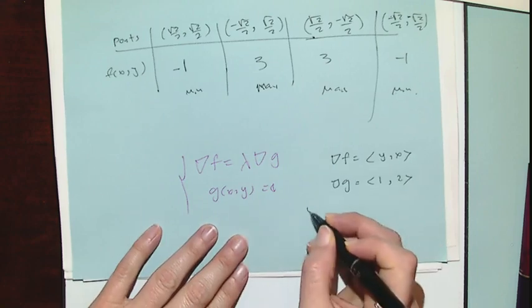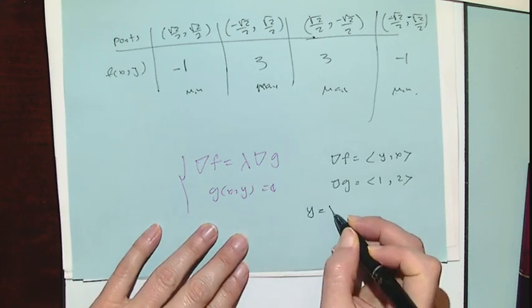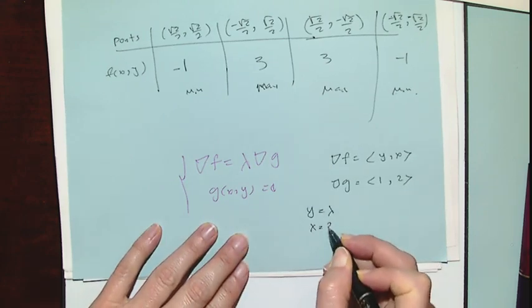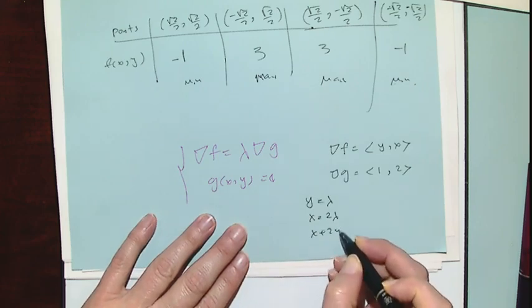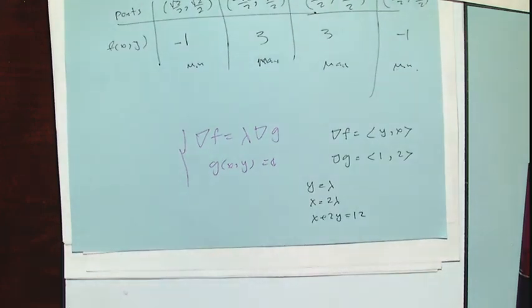So the equations are y equal to lambda, x equal to 2 lambda, x plus 2y equal to 12. And what is it asking, maximum or minimum? Max.